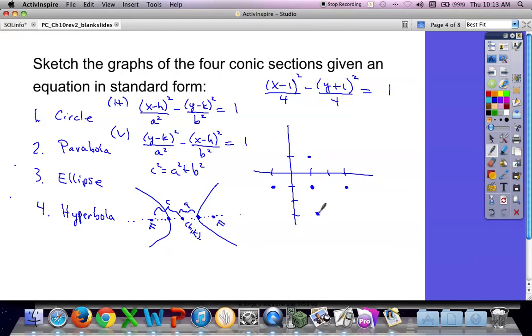Right, and what do I do with those 4 points? Make a box, right? Make a rectangular box. In this case, it's a square box. And then what do we do with that? Right, then we draw the diagonals of that box, which are asymptotes for the hyperbola.